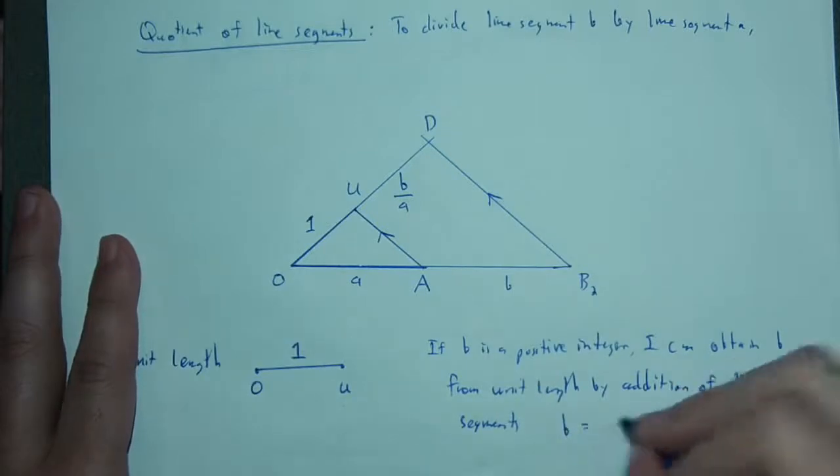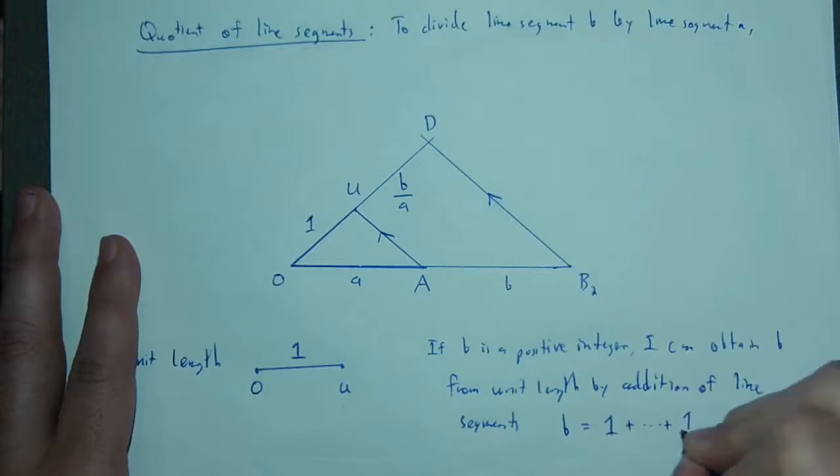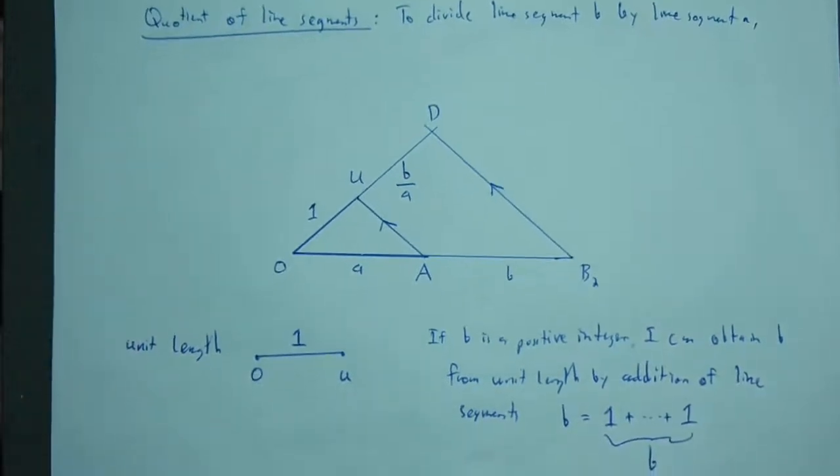So b is just the line segment 1 added to itself, b times. So I can construct any positive integer in this way by adding the unit line segment to itself as many times as I need to.